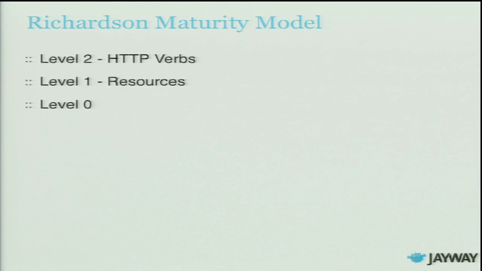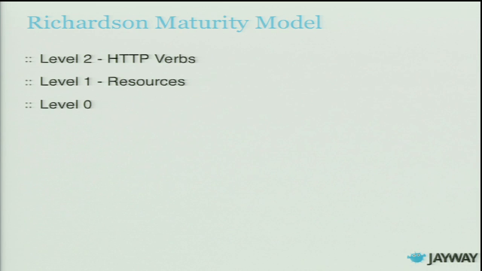And whenever you talk about REST, you hear about something called the Richardson maturity model, and this describes how RESTful you are. At level 0, the bottom level, where SOAP is located, you only have a single verb and a single URI.